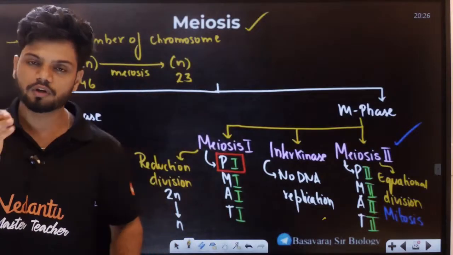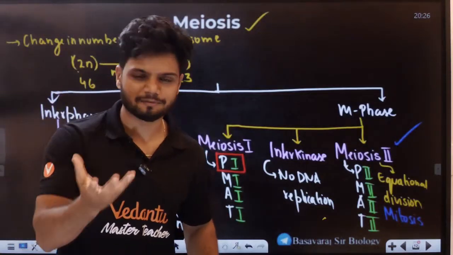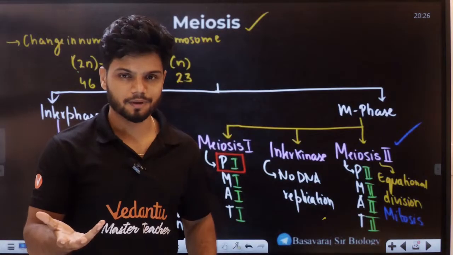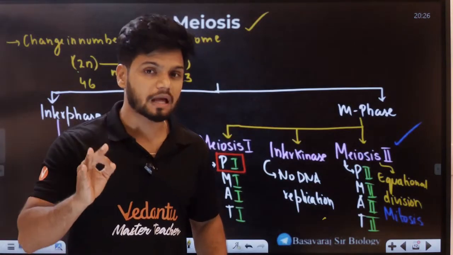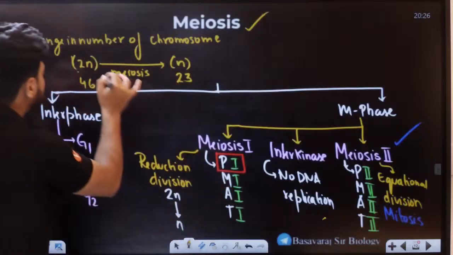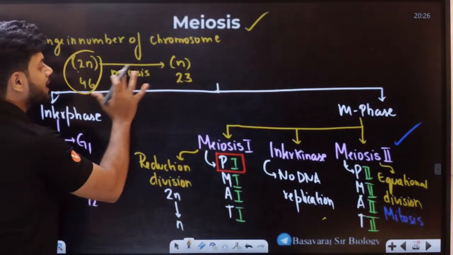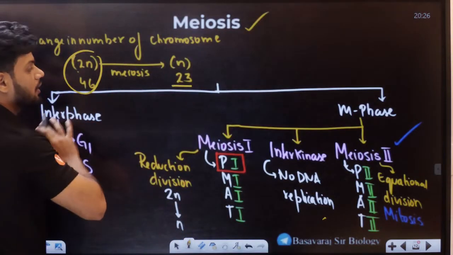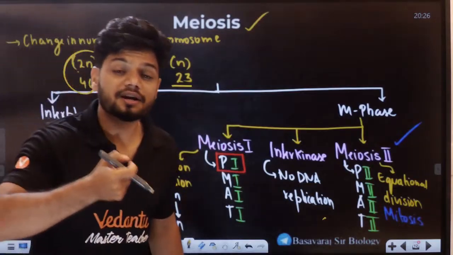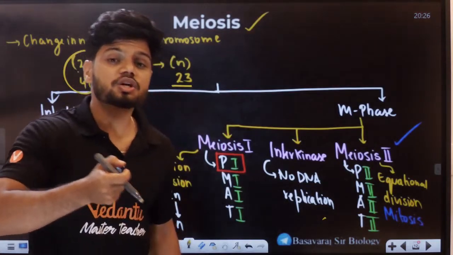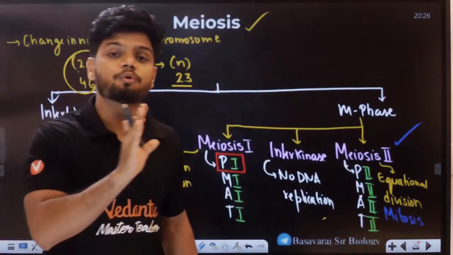Okay. If you have not heard about meiosis, let me tell you in one line what exactly happens. In meiosis, a diploid cell will change into a haploid cell. So there is something called reduction division. Reduction division is nothing but a change in ploidy happening here.